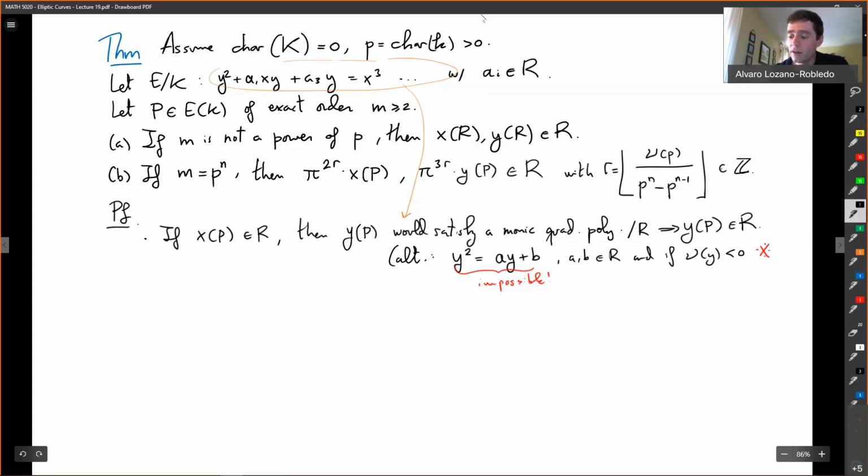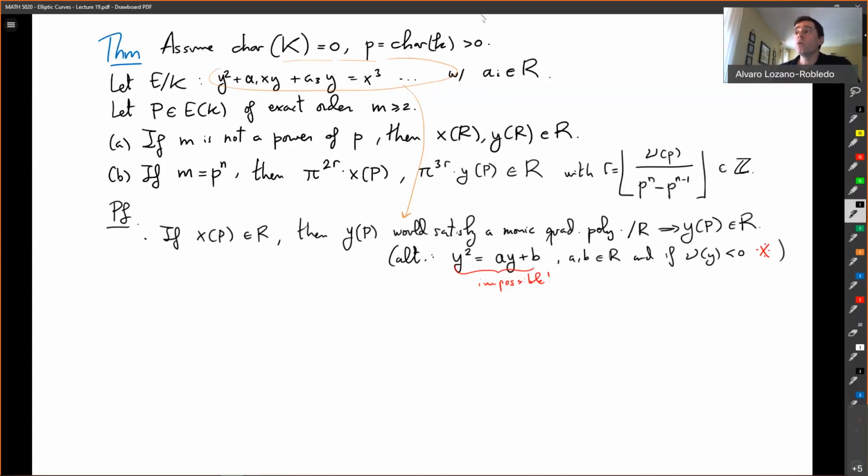Okay, so it has to be that the valuation of y is bigger or equal to 0 for that equation to be feasible, which is the proof that if it satisfies a monic polynomial, then it's integral. It is basically the same proof. So if x is integral, then y is integral.